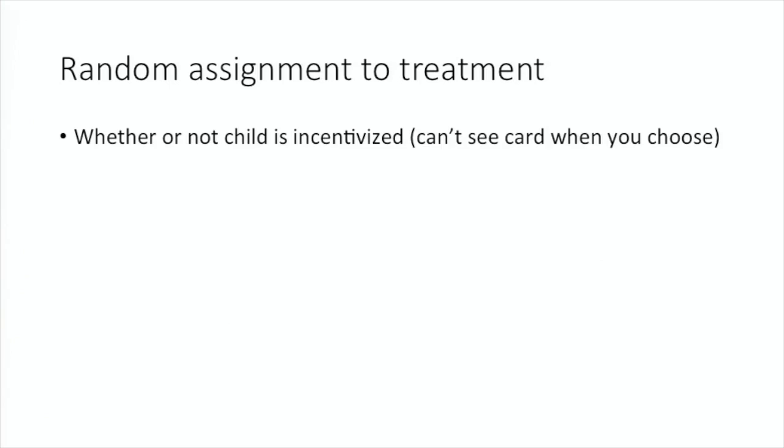So there, depending on the random draw, somewhere between 11 and 80% of kids at a table were actually incentivized. So we randomized the proportion of kids incentivized at the table by simply randomizing what the cards look like inside of that deck. So whether or not the child is incentivized is therefore randomly determined because they can't see what cards they pull from the grape deck. The proportion of children incentivized at the table is randomly determined.